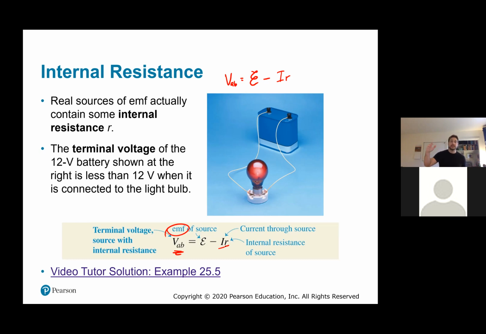So the actual effective current-causing stuff is VAB. It's reduced from the EMF of the internal chemistry by the internal resistance.